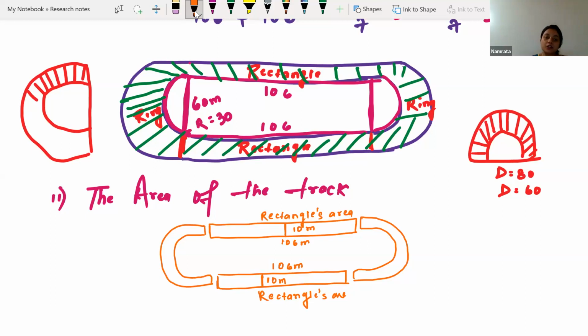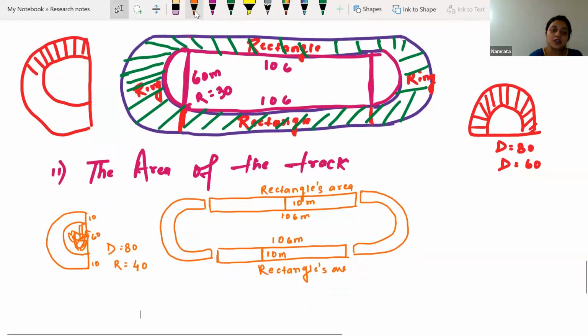So if I take the total circle area and from that subtract the smaller circle, we will be left with this ring, right? Yes, ma'am. So the total circle diameter was, this is 60, this is 10, this is 10, so 80. From there the total circle radius is 40.